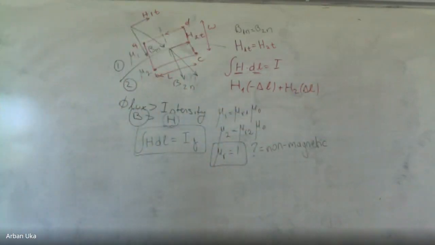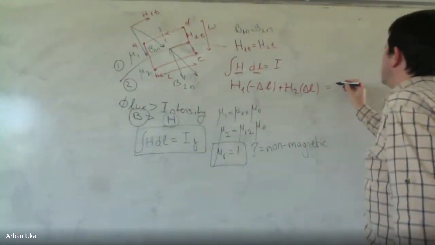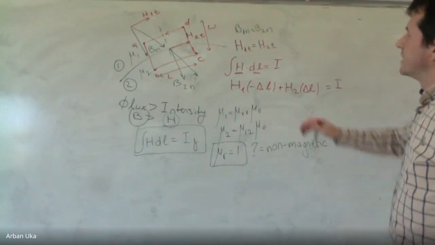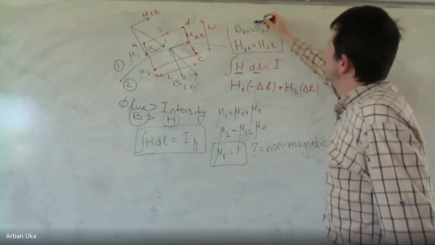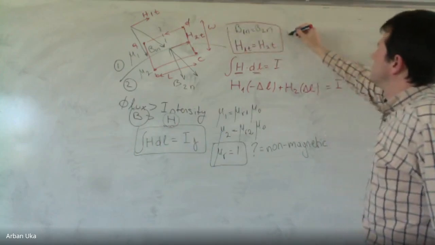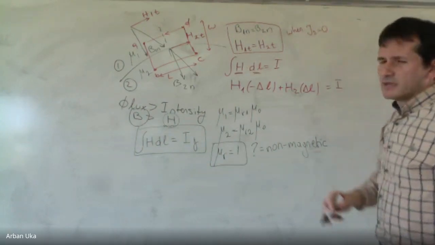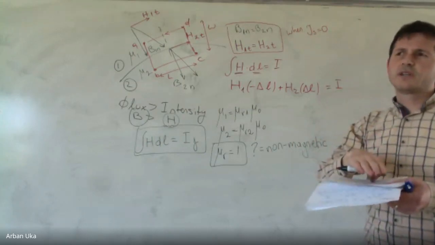So this is the HDL, and this is all going to be equal to the current I. And this is the special case when two mediums meet, when there is no current density.